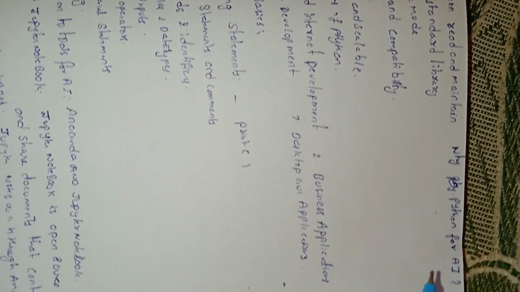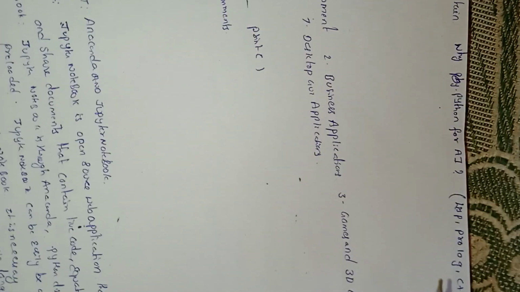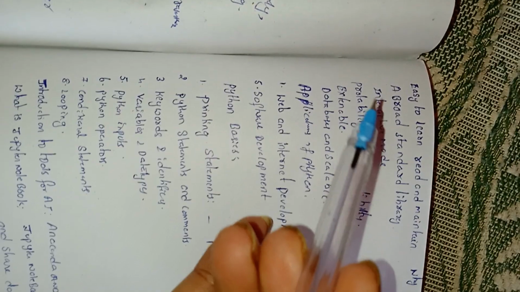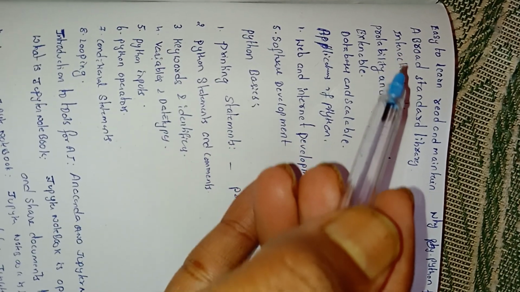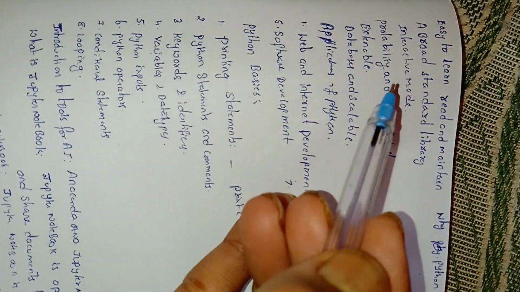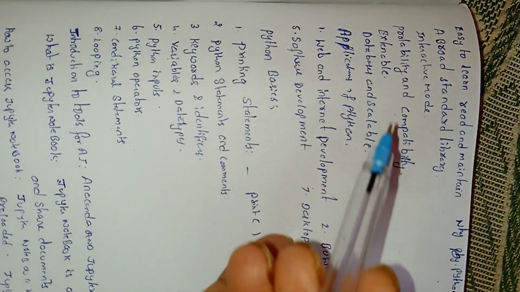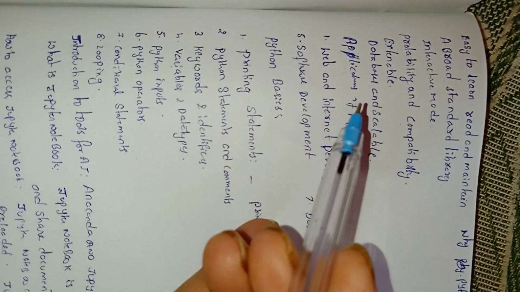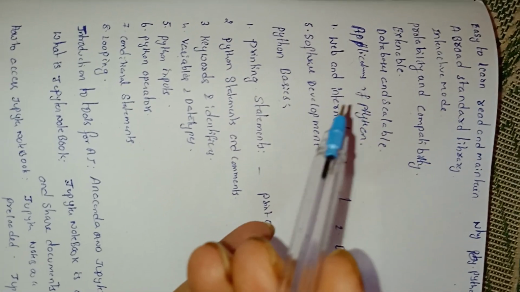Why Python for AI? Lisp, Prolog, C++, Java are also used for AI. Python has a broad standard library, interactive mode, portability and compatibility, extendable database and scalable applications.